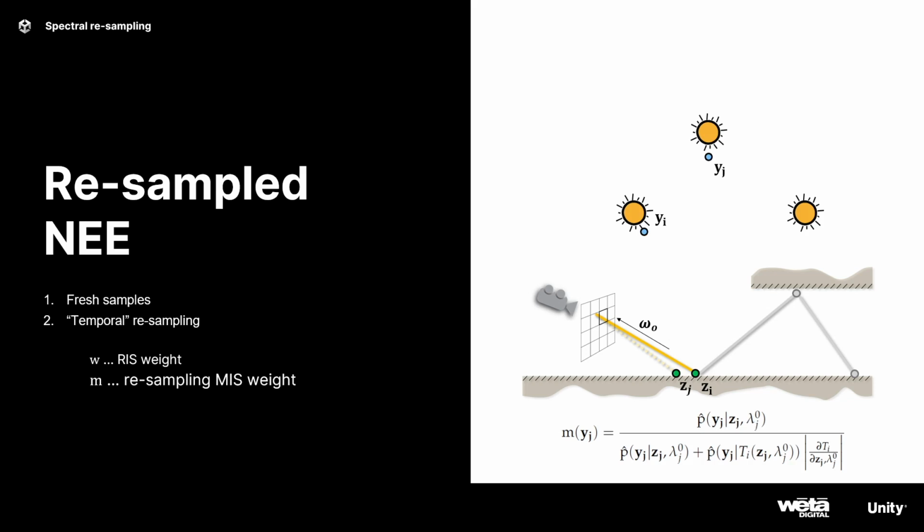For the yj, the resampling MIS weight is very similar, but this time this term is evaluated at point yj and the current receiver point zi, and we should also multiply it by the Jacobian of the mapping ti.